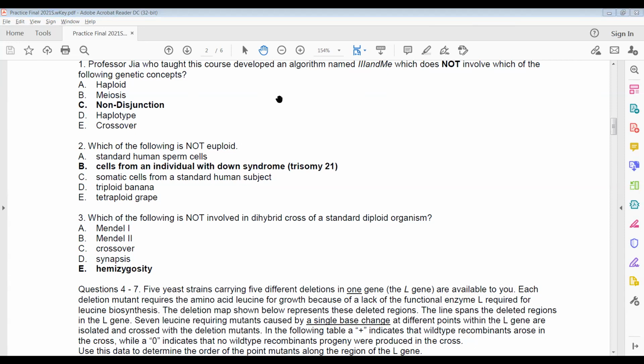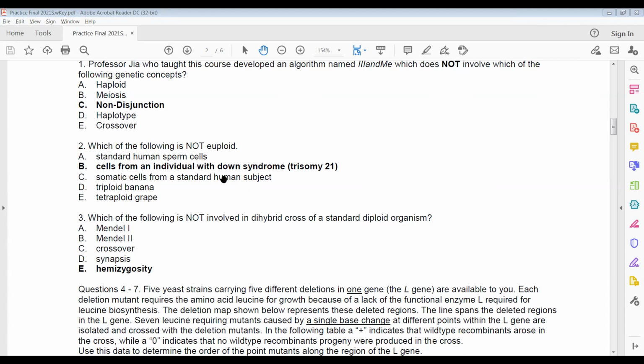Euploid means, if we talk about the haploid genome, which is 1N, and you see in a cell there's 2N, 3N, 4N, and so on, multiple sets of the haploid chromosome, that is euploid. If you understand this, it's easy for you to identify the right answer for this question.